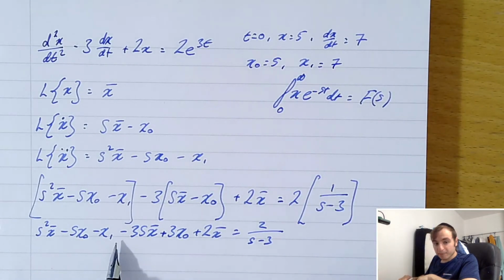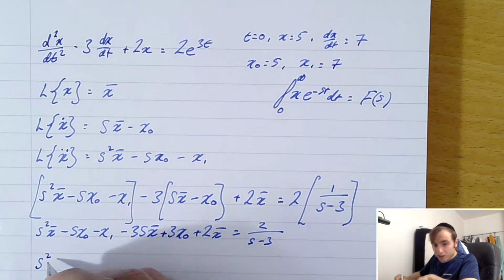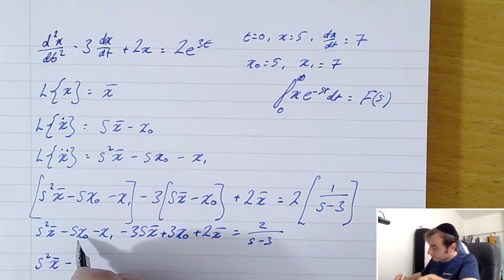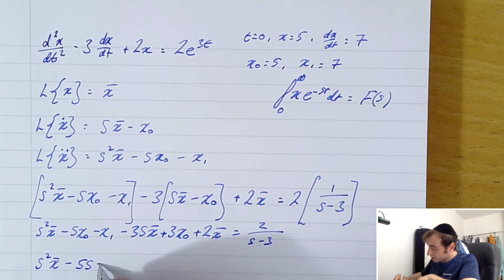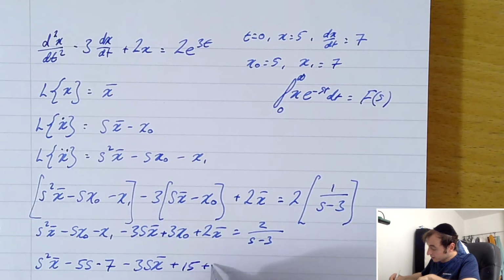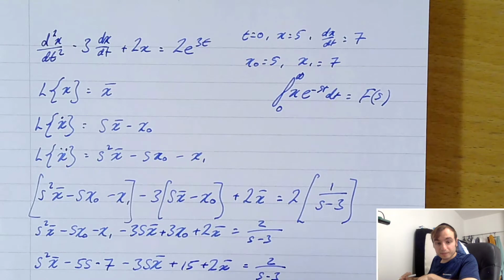So let's substitute that back into here. So we can say s squared x bar minus 5s minus 7 minus 3s x bar plus 3 times 5 is 15 plus 2x bar equals 2 on s minus 3.